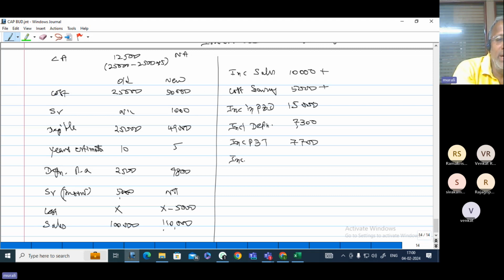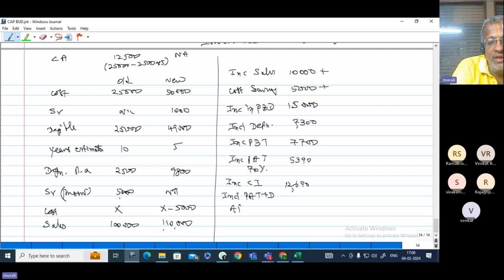So incremental profit after taxation, which is 70% of 7,700, is 5,390. Incremental cash inflow is incremental PAT plus depreciation. So how much is that? 12,690. Is that right?